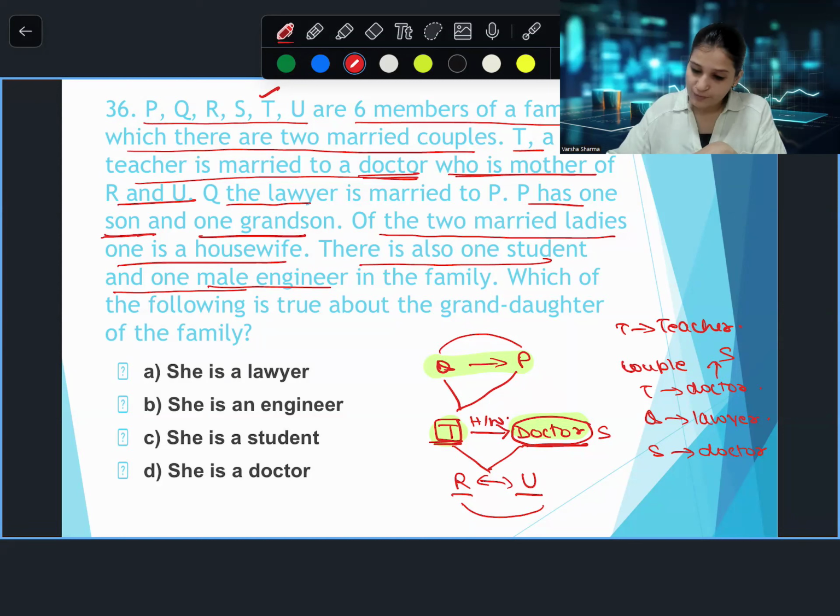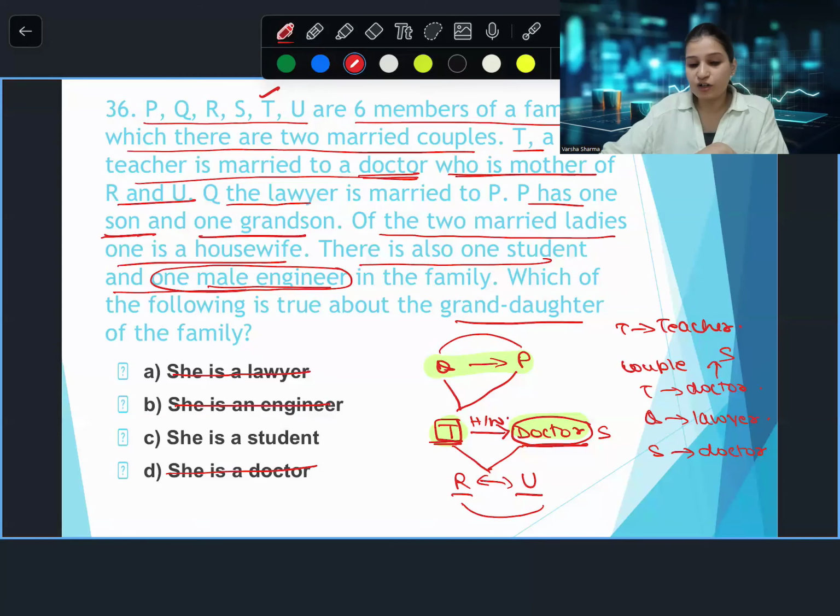Which of the following is true about the granddaughter of the family? She is a doctor. Can it be true? No, ma'am. She is a lawyer. Can it be true? No, ma'am. Q is a lawyer. Now, we already know that the engineer is a male. So can the granddaughter be an engineer? No, ma'am.